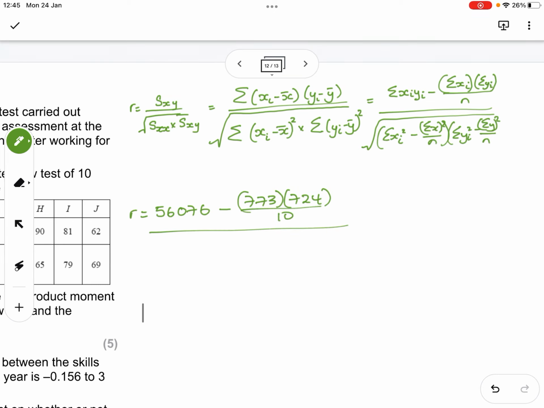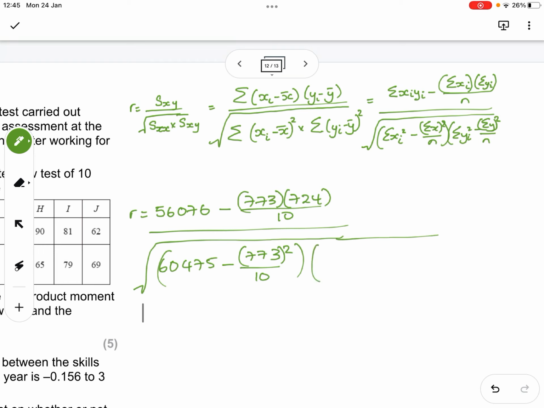That's my top line. Then I've got the square root of the sum of the x squareds, so I've got 60475, minus the sum of x, which is 773, all squared over 10. And then I'm going to have the sum of the y squareds, which is 53122, minus 724 squared over 10.